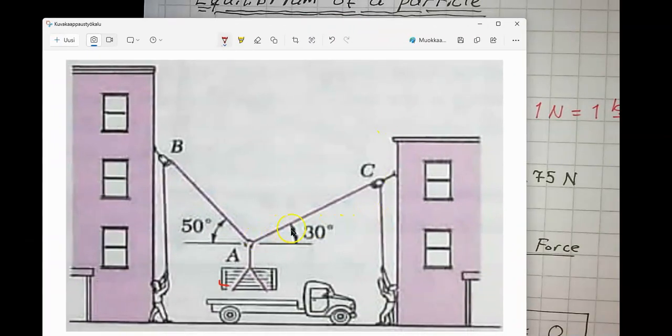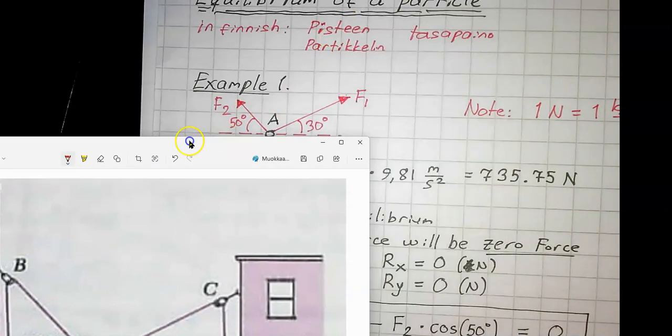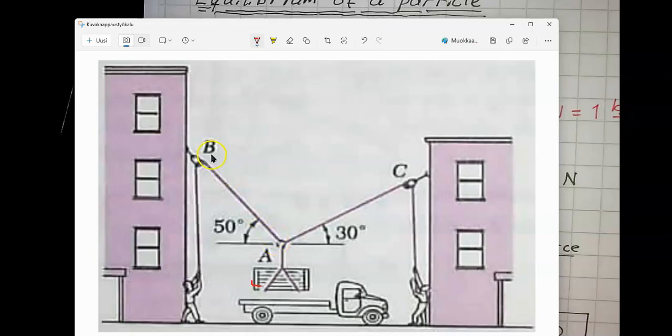This cable here, or this rope, or this bar here has tension force. So it has tensile force. And also this other one here has tensile tension. If we get negative values, those bars will be in compression.